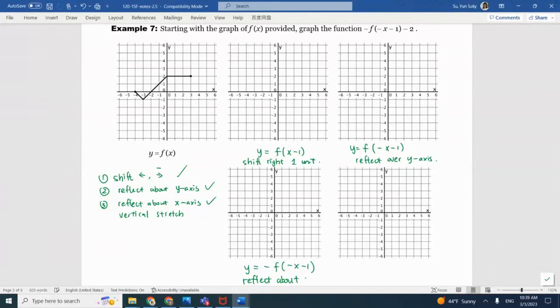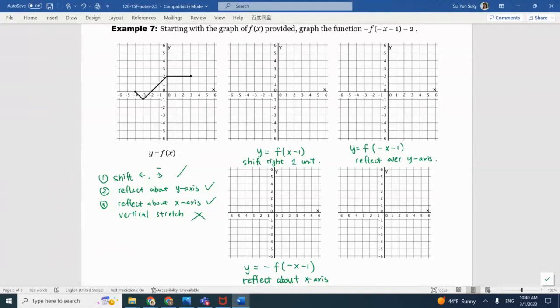about the x-axis. Do we have vertical stretch? Do you have this guy multiplied by a number? No, right? We don't have multiplied by a number. Therefore, we do not have vertical stretch.